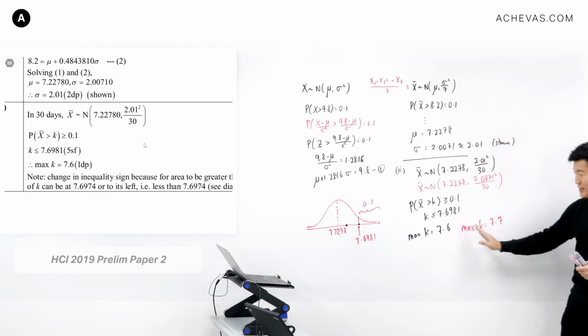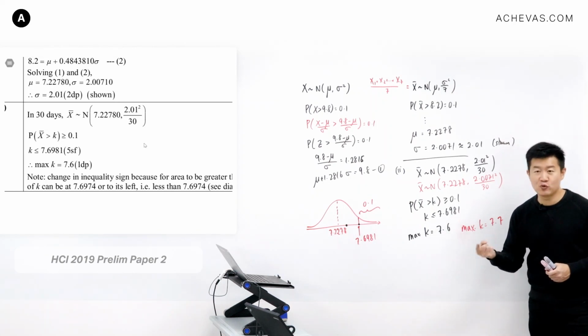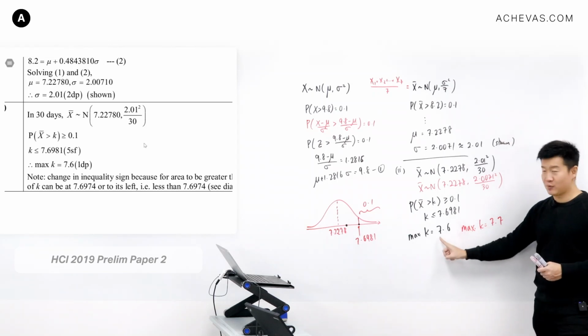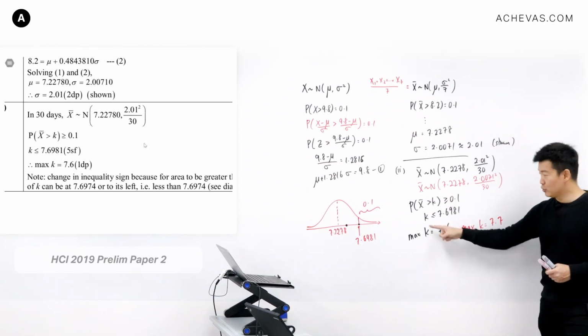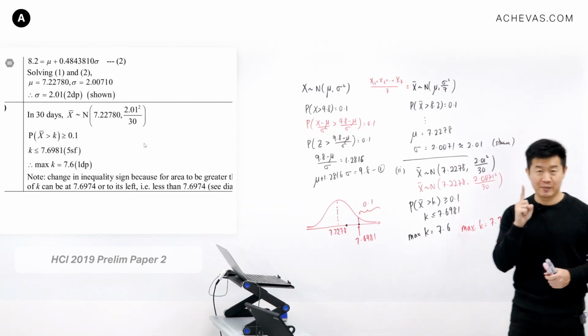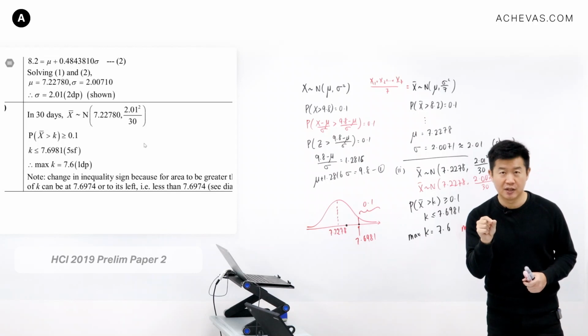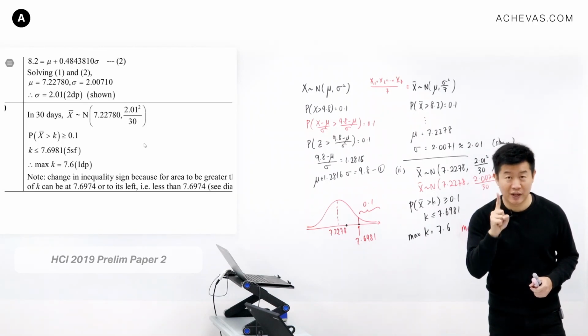Why is there this difference? Because this is a rounding off, while this is a purposeful rounding down. Why did Hua Chong here round down? Because if you look at this inequality and you are going to be expressing it to 1 decimal place, this is a requirement that is asked by the question. So the question wants just 1 decimal place, a maximum K that is of just 1 decimal place.